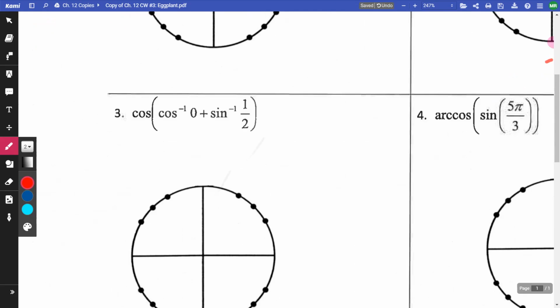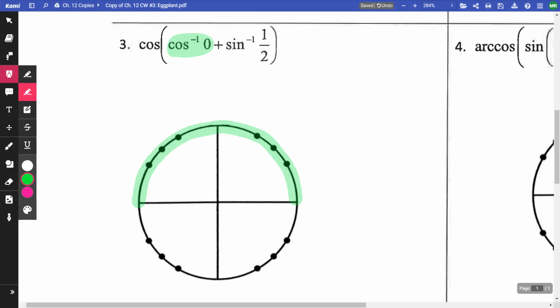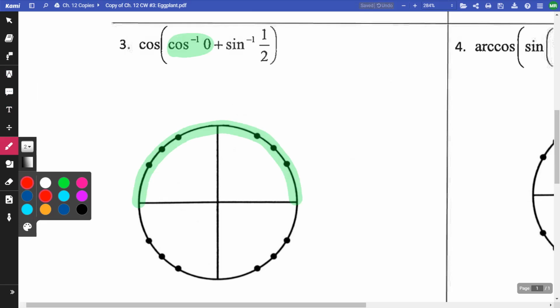For number 3, we're going to be doing a little bit of work here. I need to figure out first what angle gives me a cosine equal to 0. So I am going to be trying to figure out where my cosine is 0, which is right here. So this portion right here is going to be pi halves.